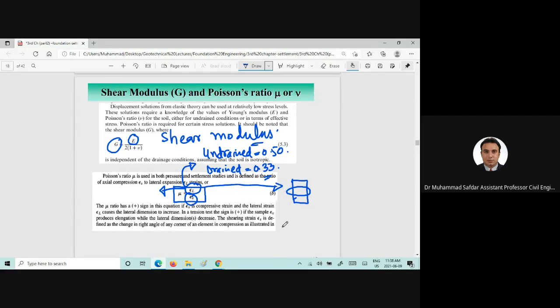And if you remember, back pressure or back volume pumps are used to find out the volumetric strains in triaxial testing.